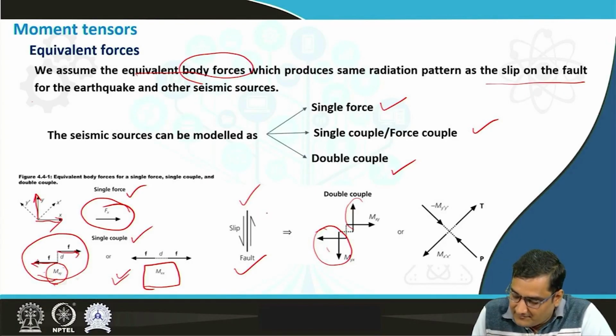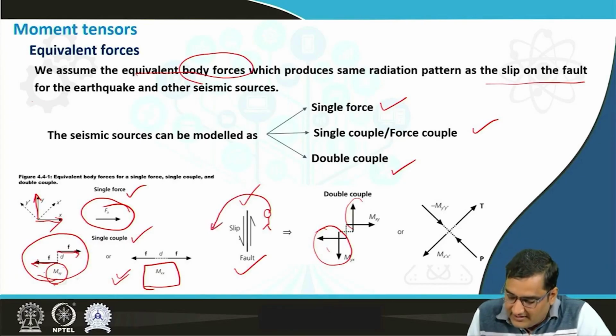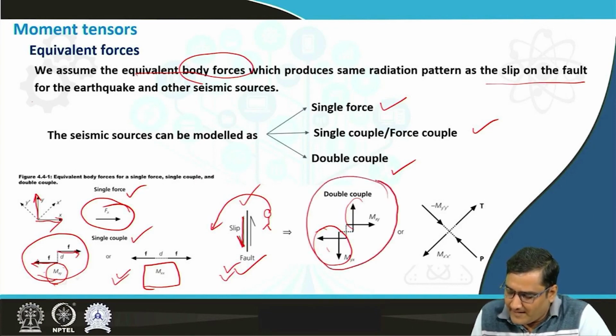For this purpose, you can just imagine yourself sitting on this side and looking at the motion of the block on the other side of the fault. If it is going in the left direction relative to you, then it is a left lateral strike slip fault. And this left lateral strike slip fault can be represented by this double couple, and these double couples may be d distance apart from each other.